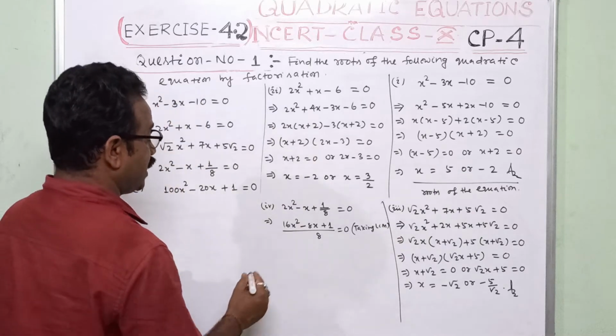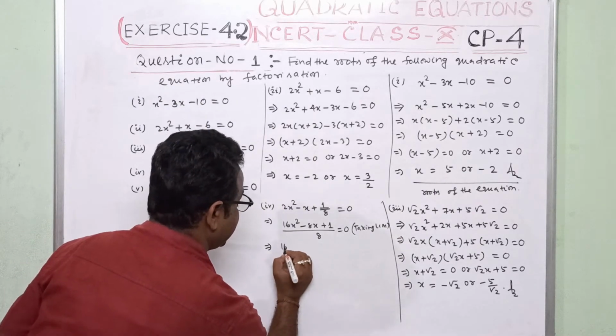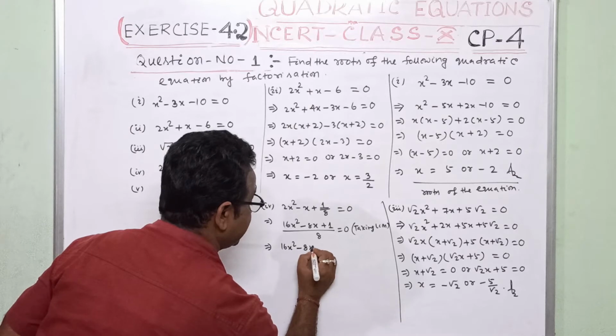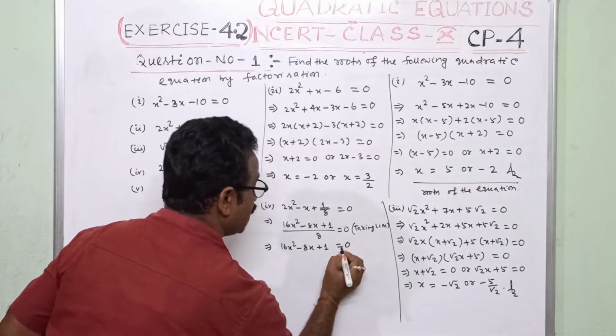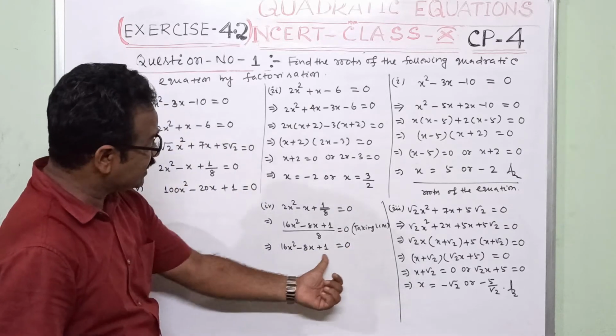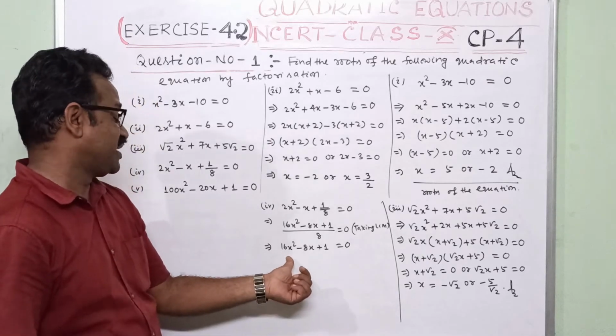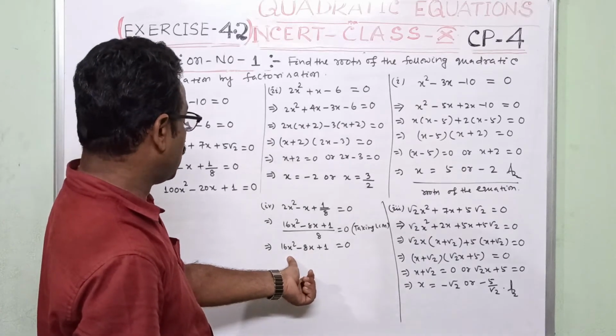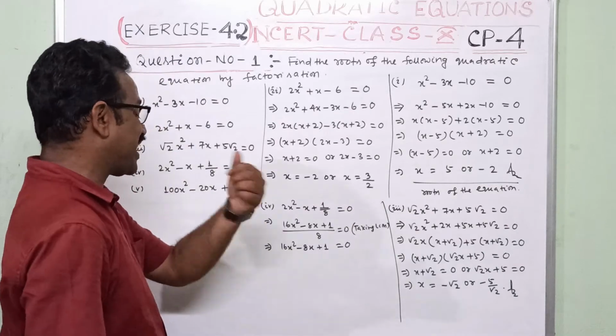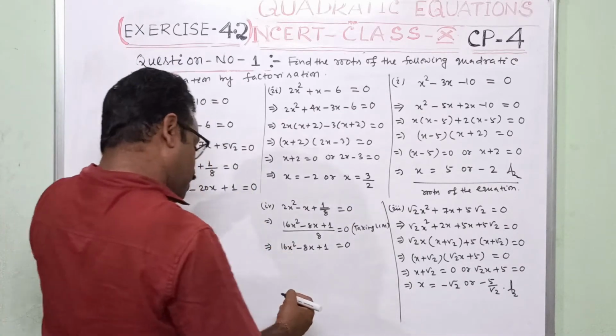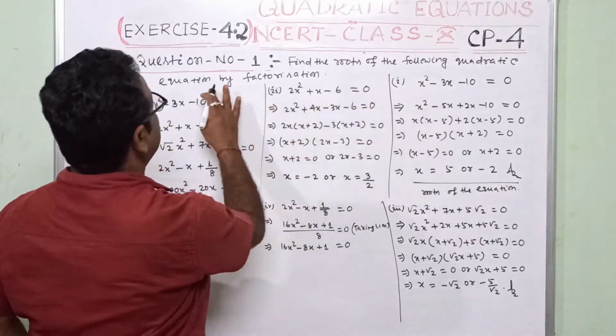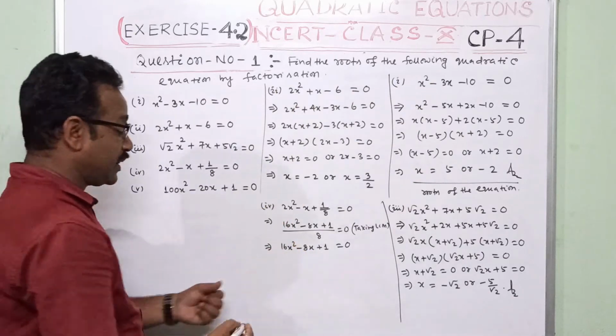Now that implies 16x square minus 8x plus 1 is equal to 0. Simply, this is in square form, 4x minus 1 whole square. But we have to do it by the method of factorization, not by the square method.